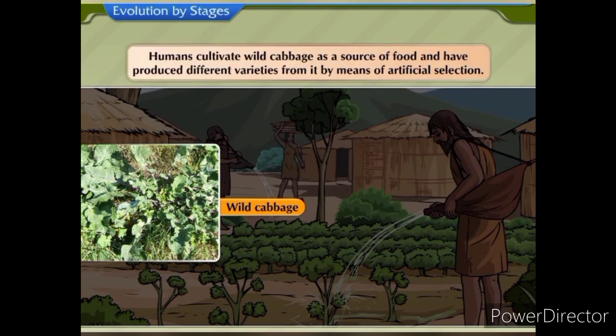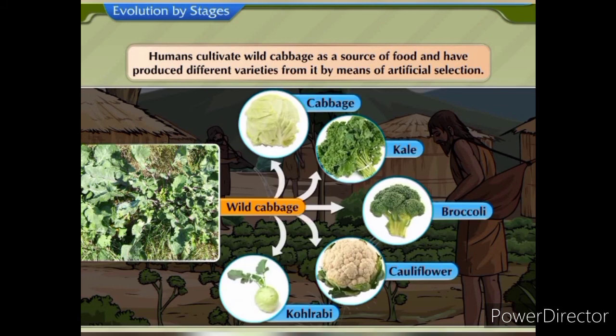Humans cultivate wild cabbage as a source of food and have produced different varieties from it by means of artificial selection. Common vegetables such as cabbage, kale, broccoli, cauliflower, and kohlrabi are the descendants of wild cabbage.